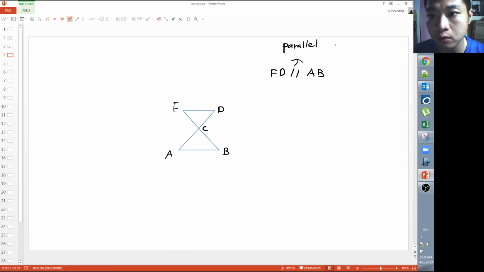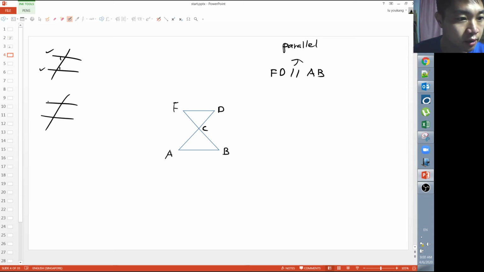By the way, this is a parallel sign. I hope you remember the three rules you can use when it comes to parallel lines. If you can't, let me just write them here. If you have this and this, and they're parallel, you can have these three rules.